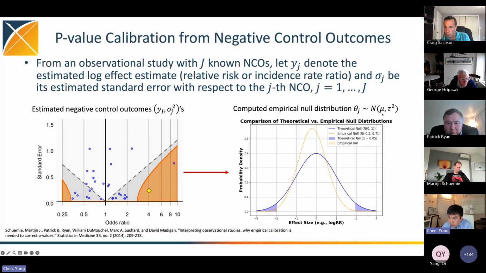So this mu basically characterizes the systematic error, specifically associated with this particular data set and the particular causal inference pipeline. And this tau square basically reflects the so-called intrinsic variation across different NCOs in terms of their causal estimate.